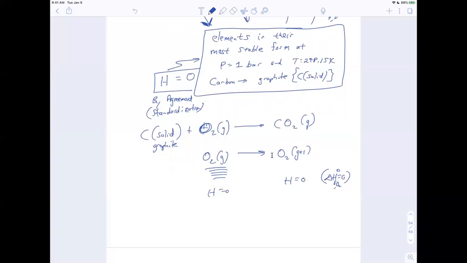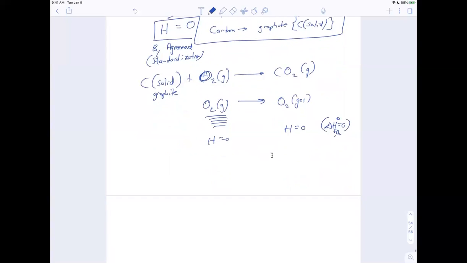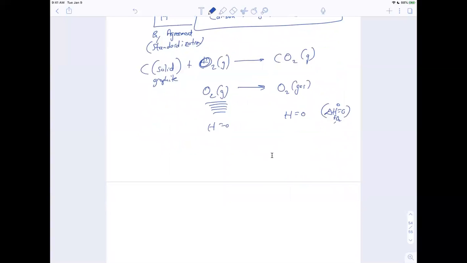Okay, so with that being said, let's do just an example for H2O. Okay, let me just show you a little bit more precisely.